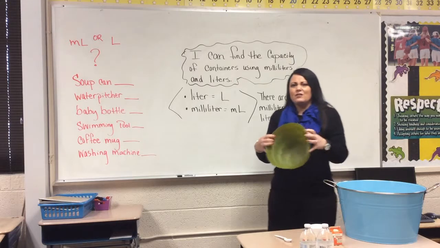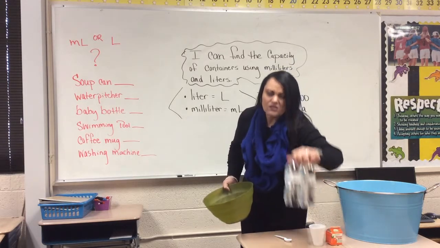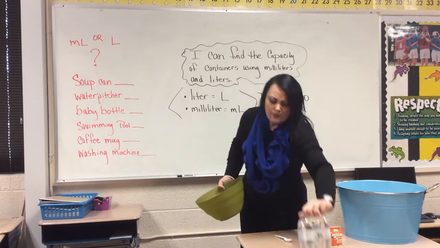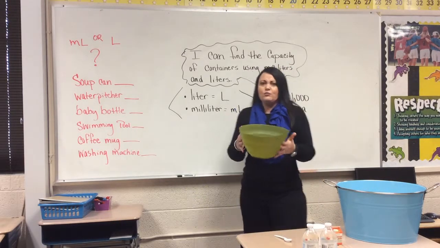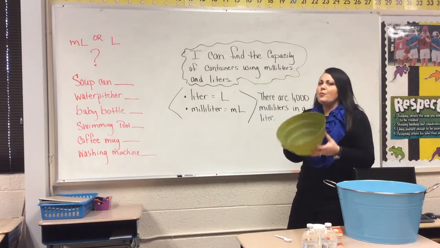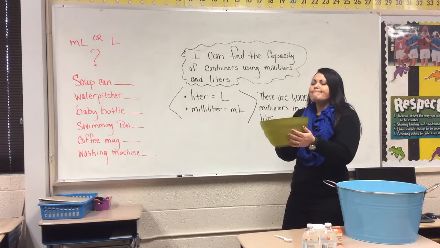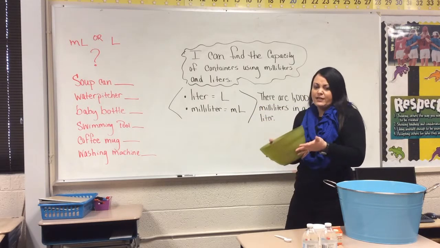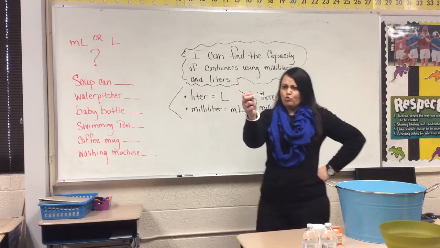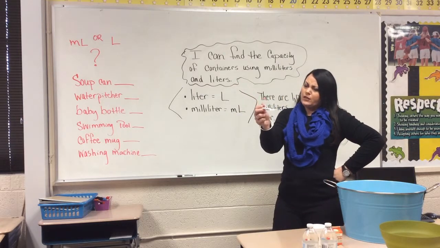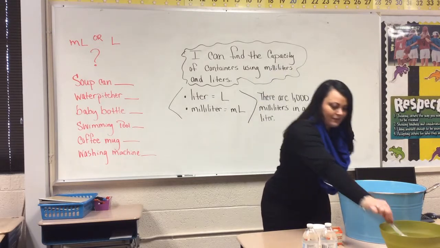Then I have this big bowl, so I want you to think, if there are 1,000 milliliters in those 2 bottles, or 1 liter, what would I use as a unit of measurement to fill this bowl? Would I say milliliters or liters? I would say liters. Good. Spoon. Milliliters or liters? Milliliters. You got it.